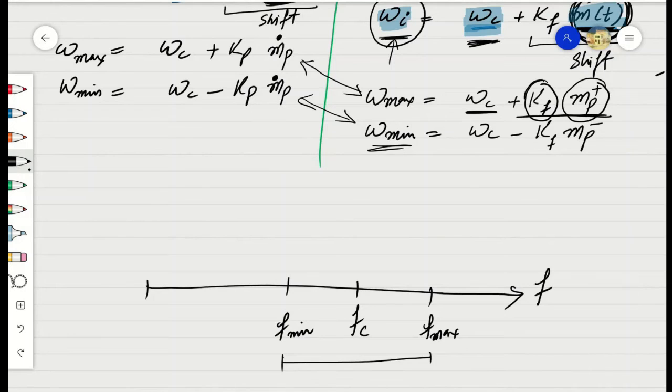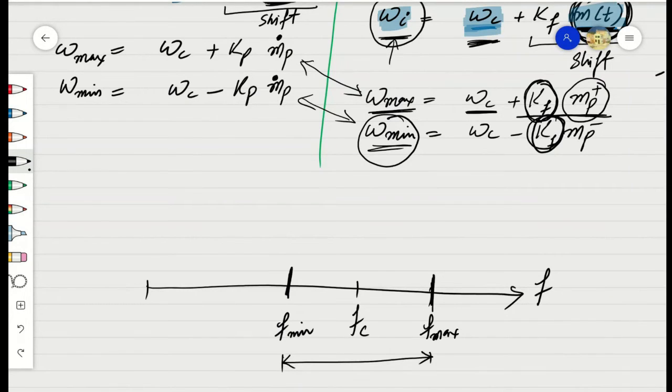By controlling this constant parameter kf, the maximum frequency being generated can be controlled, and the minimum frequency that can be generated can also be controlled. So the bandwidth consumption of such modulation schemes can be manipulated by manipulating these constant parameters kf and kp.